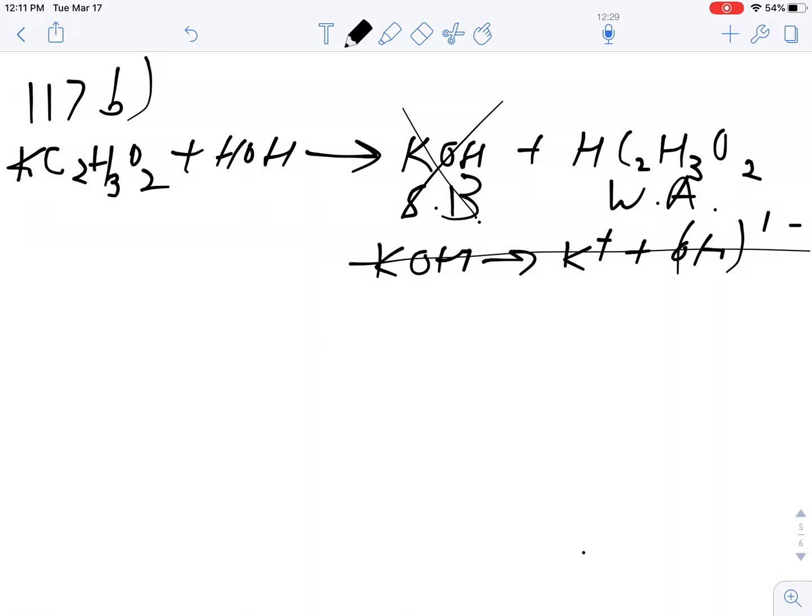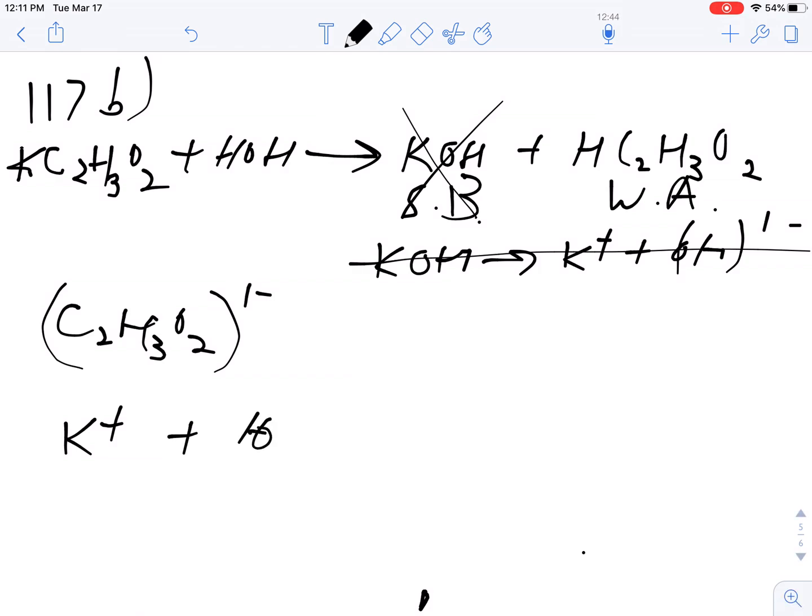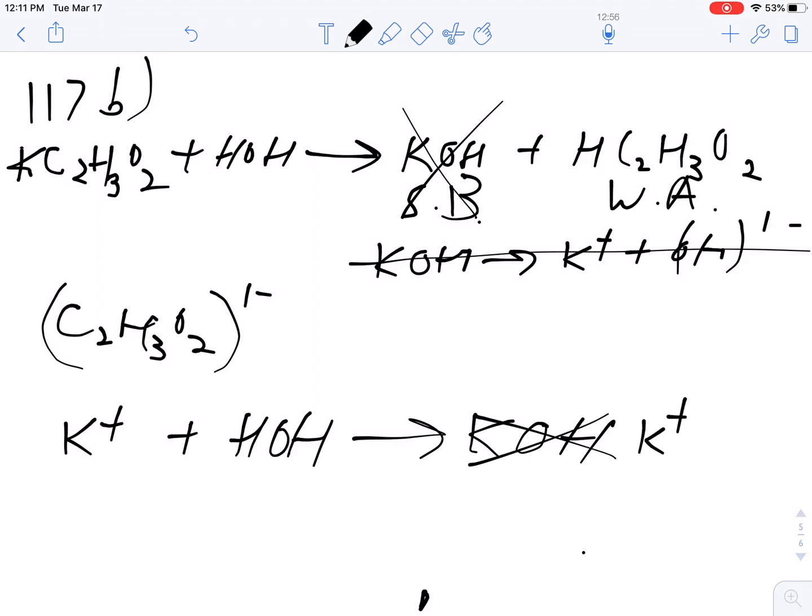So what's going to happen with this guy? Like I said, the potassium is not going to react with water. It's not going to do this because that would break apart anyhow.